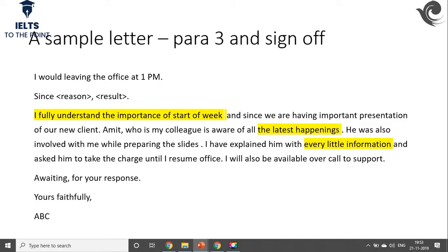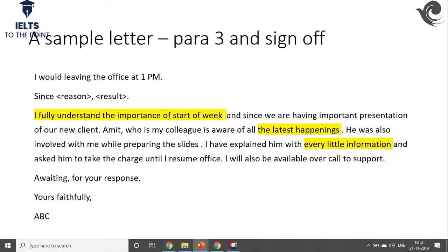Okay, continuing after that, he was also involved with me while preparing the slides. Now, if you are preparing the slides, why should the new client present to you? Again, you are self-contradicting a lot within your own ideas. I have explained him with every little information and asked him to take the charge until I resume the office.